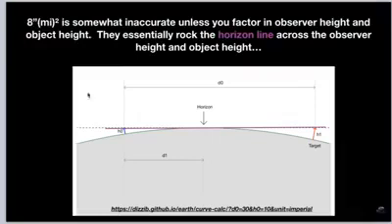So essentially they take this curvature rate across a parabola, and they add in factors of observer height and object height. If you think about it, they just split it down the middle. If the object height and the observer height are about the same, you can just take 8 inches per mile squared and cut it in half, and that's essentially what the loss rate is going to be.